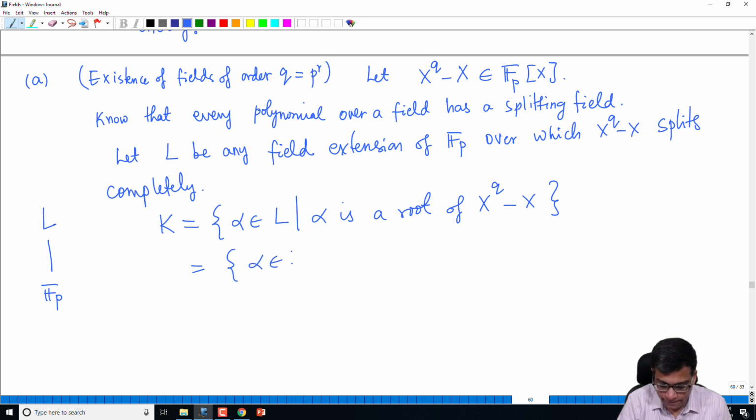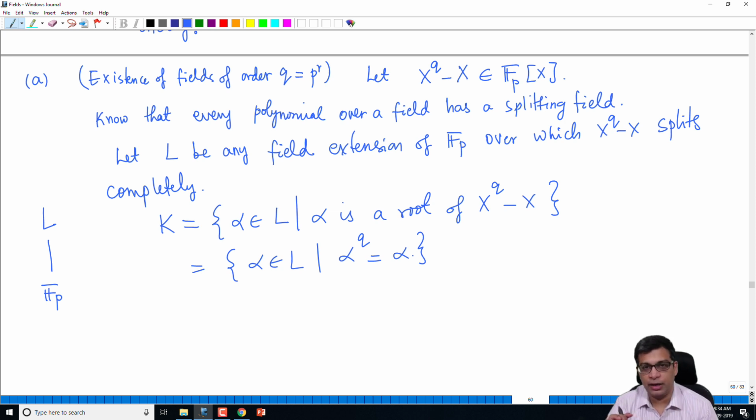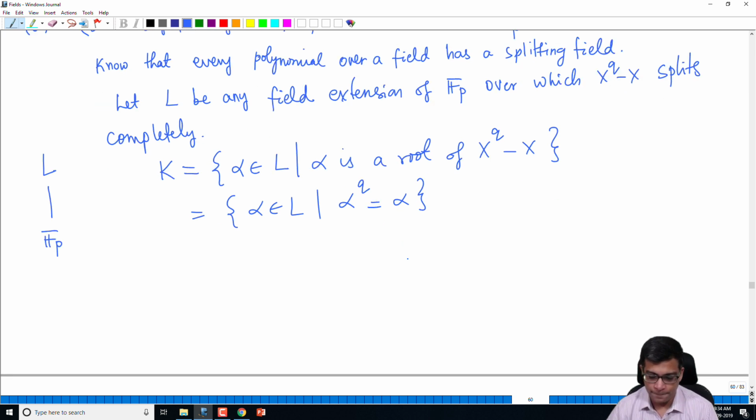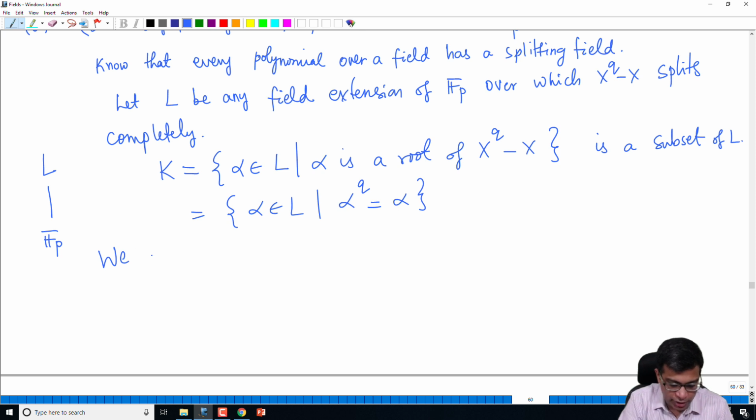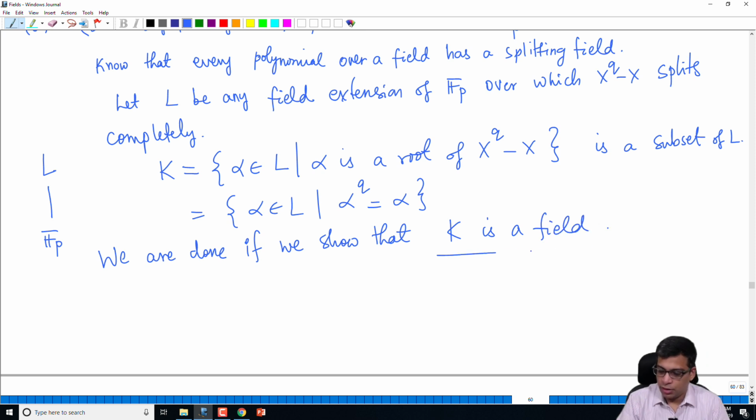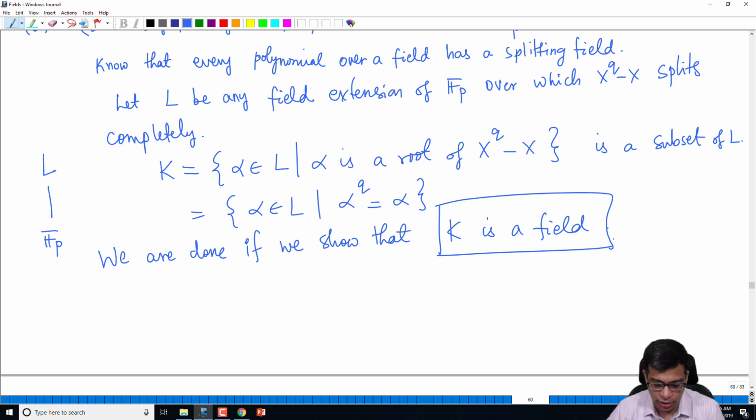I am just rewriting that: we know that K, if it exists, is supposed to be like this. So I will define K like this and hope for the best. What do we need to show? It is a subset of L now. We get what we want if we show that K is a field, and we also need to show that it contains q elements.